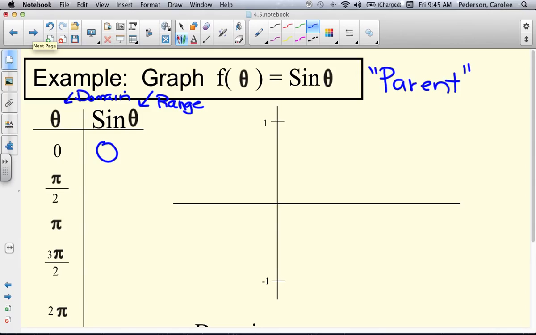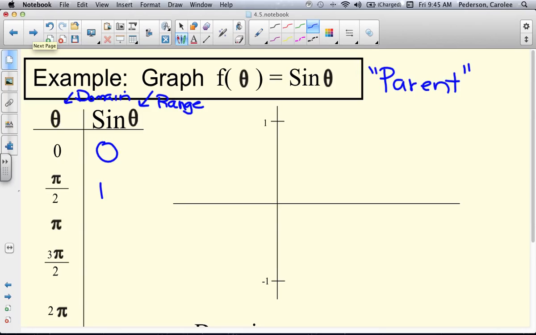Then, if we go up to 90 degrees on the unit circle, or up to pi over 2, what is the coordinate there? Over 0, up 1. So the y value is 1. So the evaluation of the sine of pi over 2 is 1. Then we would go to pi. And I'm purposely picking 4 ordered pairs will help you later on.